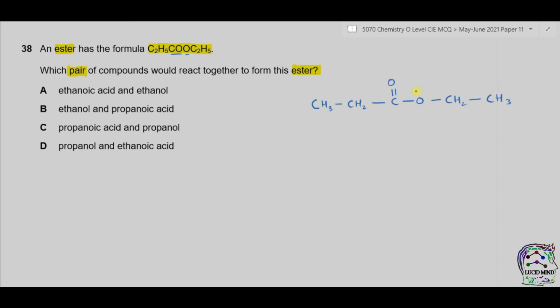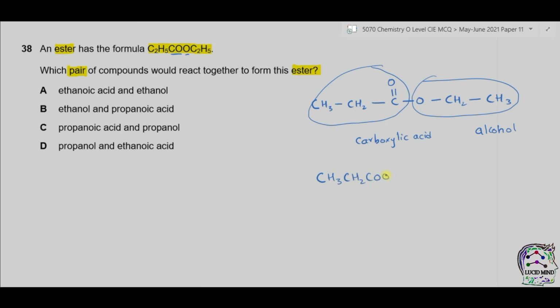Now in the formation of an ester, the portion containing the carbonyl carbon comes from the carboxylic acid, while the other portion comes from the alcohol. So we must have a 3-carbon carboxylic acid as the reactant, and a 2-carbon alcohol as the other reactant.